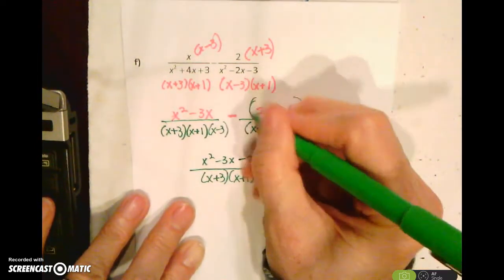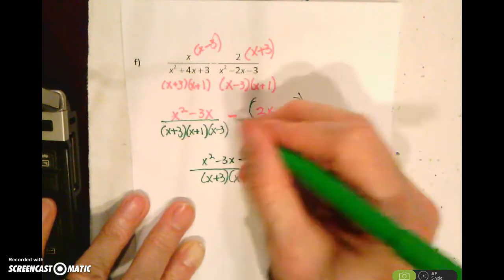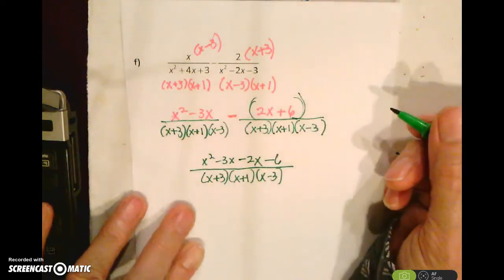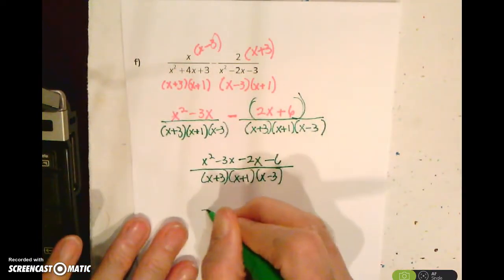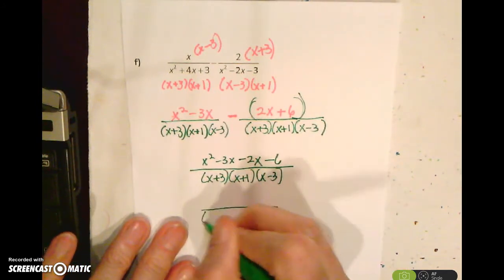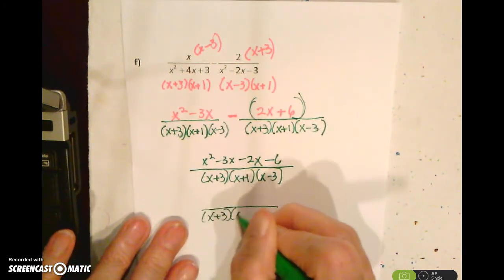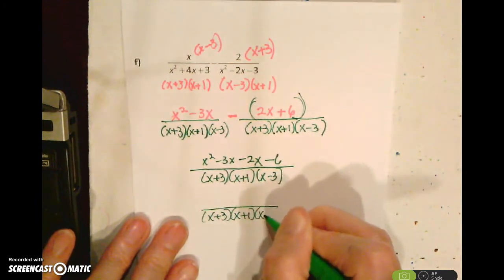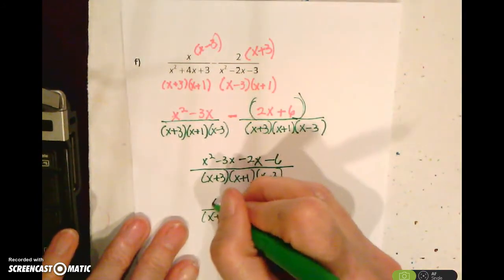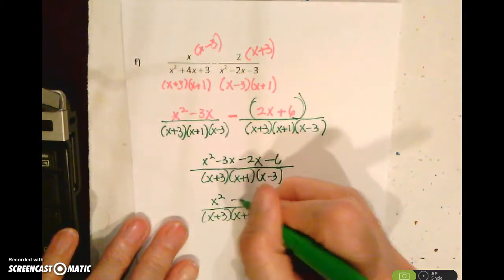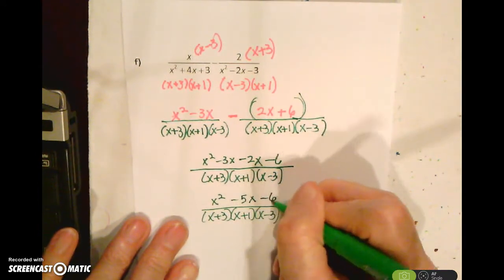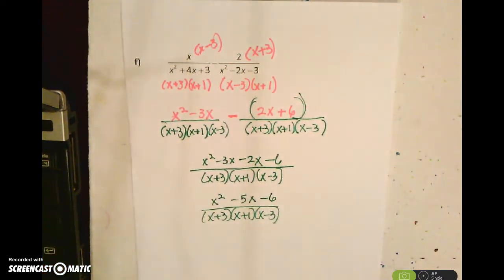So don't forget that this is grouped and I have to subtract both of those. When I combine them, I have x squared minus 5x minus 6.